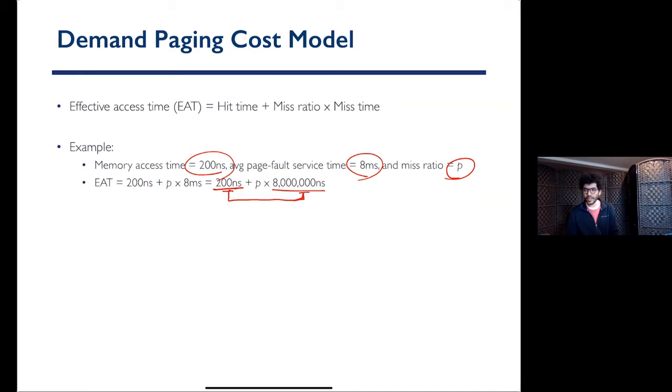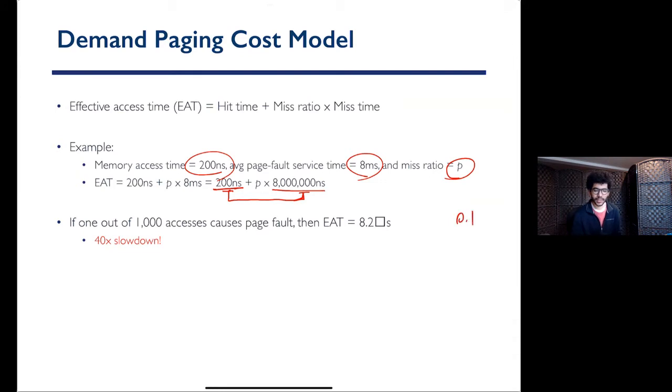Now, let's look at different P's and see how this could translate to EAT, the average access time. Let's say 1 out of 1,000 accesses would lead to a page fault. So this is 0.1%. And this is microseconds, actually. So if you set P to be 0.001, then you get 8.2 microseconds.